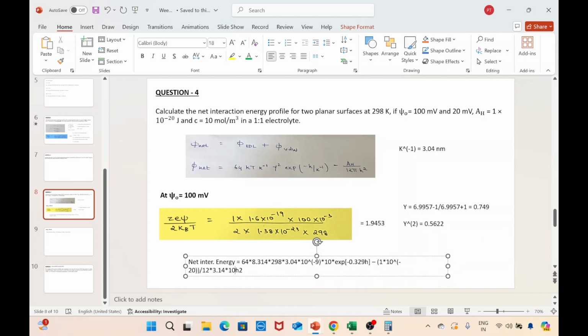So we are going to take that out, so it will be 10 to the power minus 18. And the units will be joule per meter square.